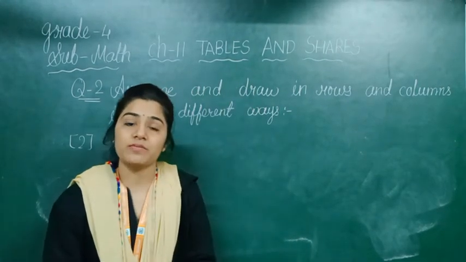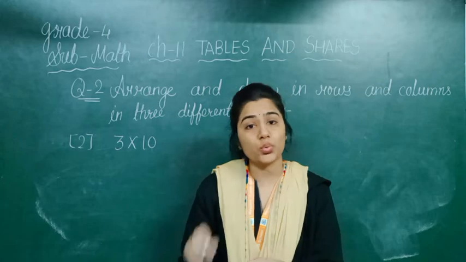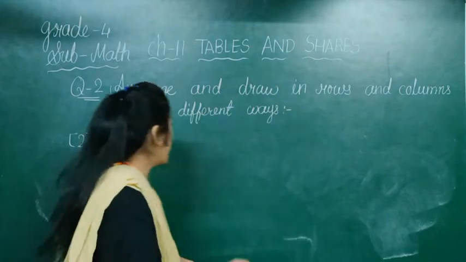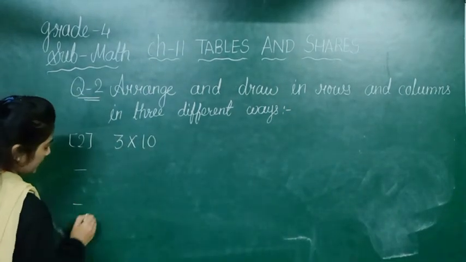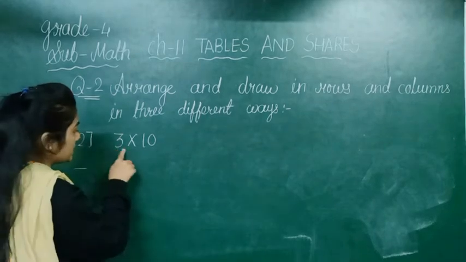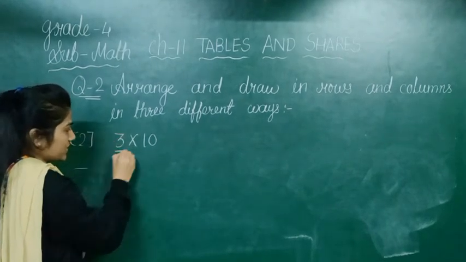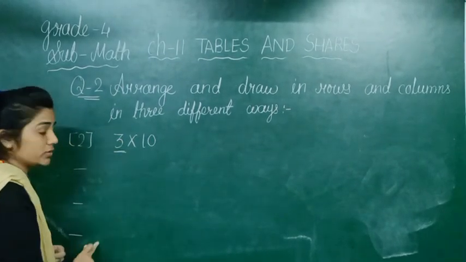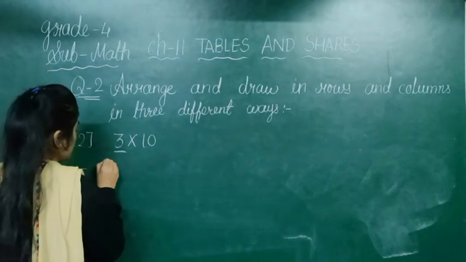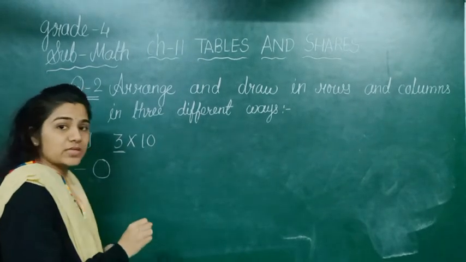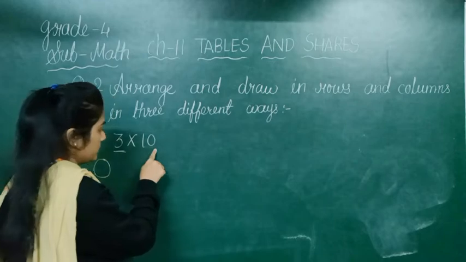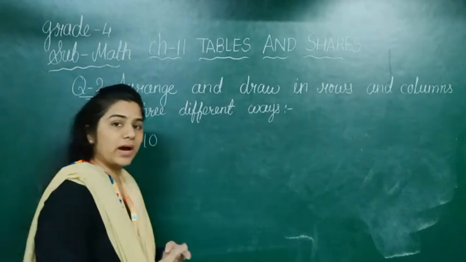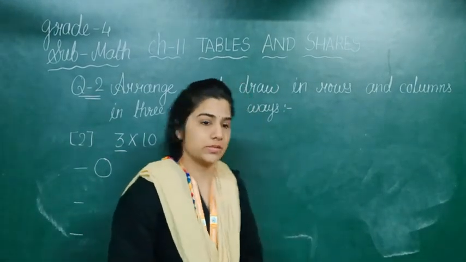In the first question we took 2 rows because 2 was given. Now we take 3 rows, which means according to this digit 3, we have to draw 3 rows. But how many circles do we have to draw? 10. In each row we have to draw 10 circles.